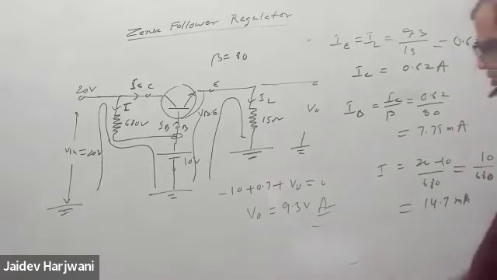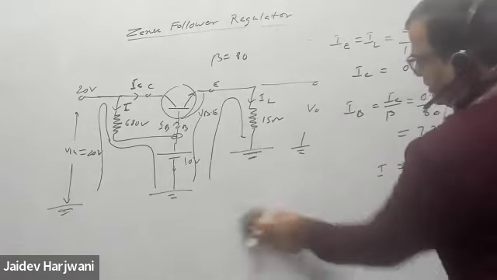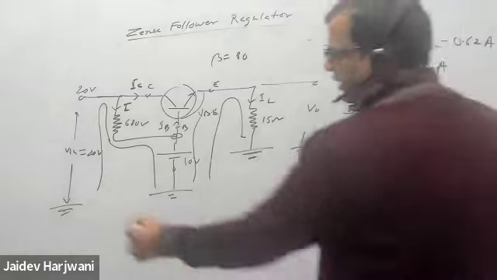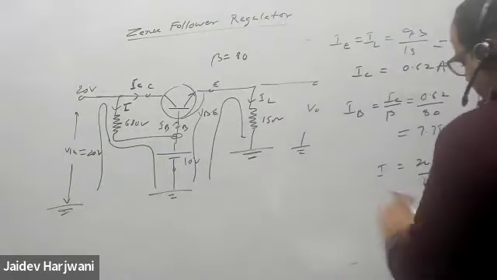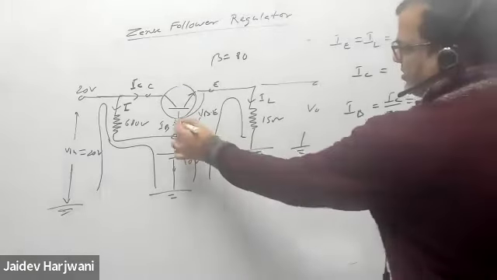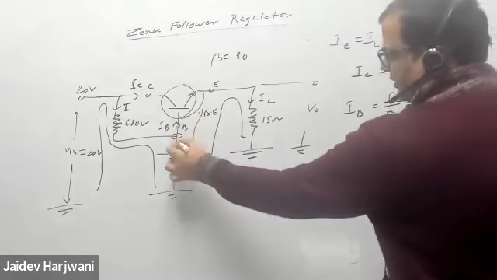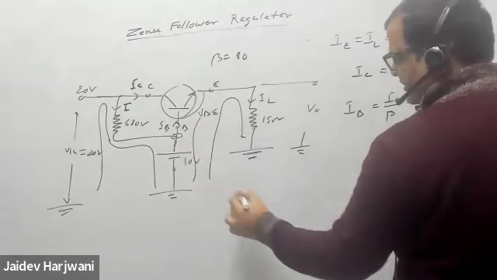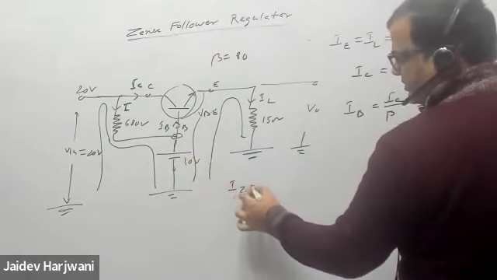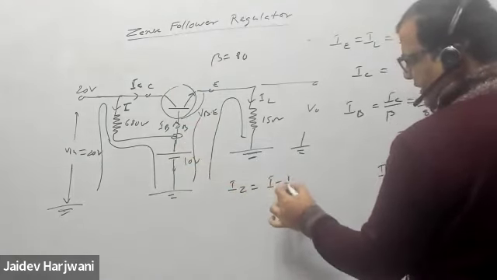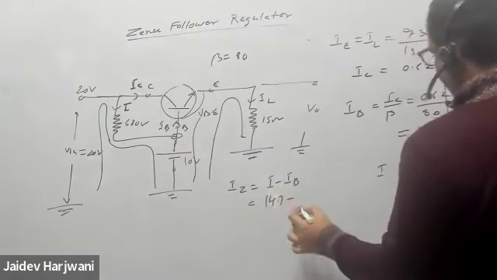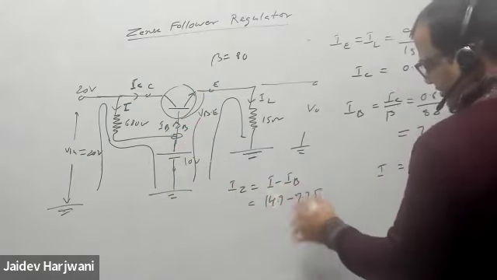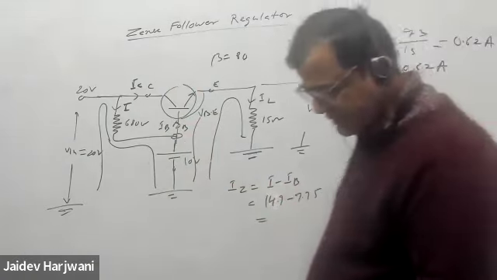Here I'm applying this circuit. If you know this I and you know how much IB is going here, now you can find IZ. So IZ will be simply I minus IB, which is 14.7 minus 7.75 milliampere.